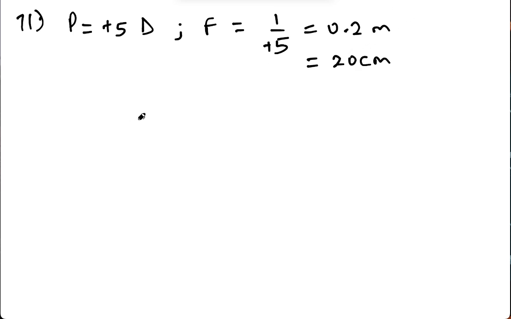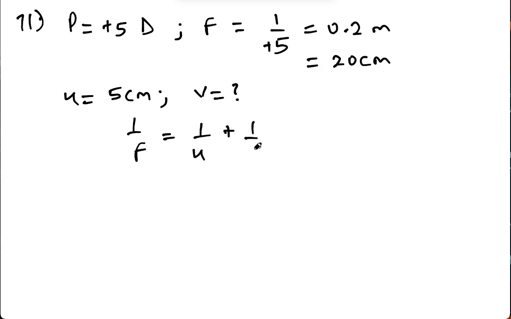Now we have been given the object distance as 5 centimeters. To get the distance between the image and the object, we need to first of all get the image distance. So let's use our mirror formula for that. 1 over f equals 1 over u plus 1 over v. By the way, our focal length will be positive because our power is positive.